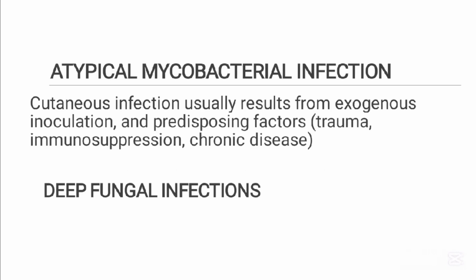Now moving forward to atypical mycobacterium infections: cutaneous infection results from an exogenous inoculation, with predisposing factors trauma, immunosuppression, and chronic diseases. Number one is deep fungal infection that we see along with mycobacterium infection.